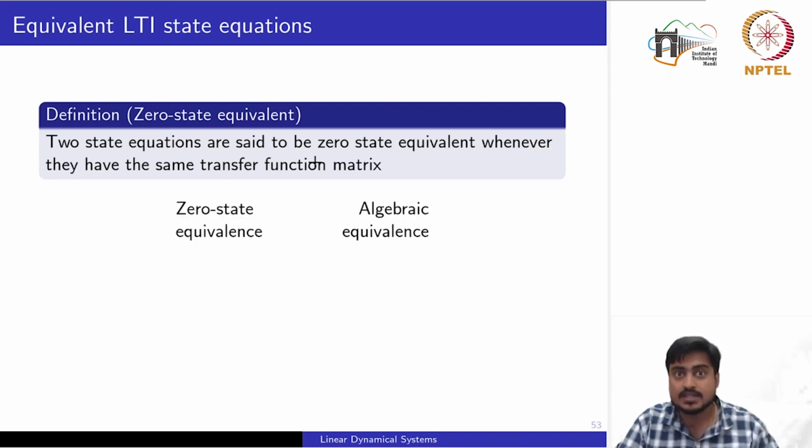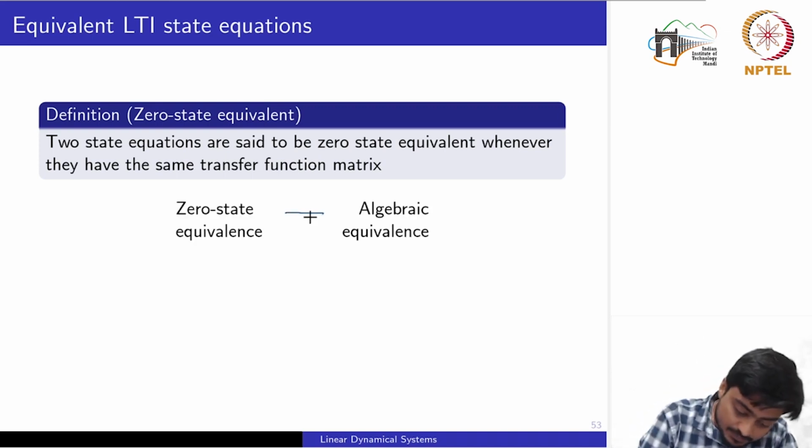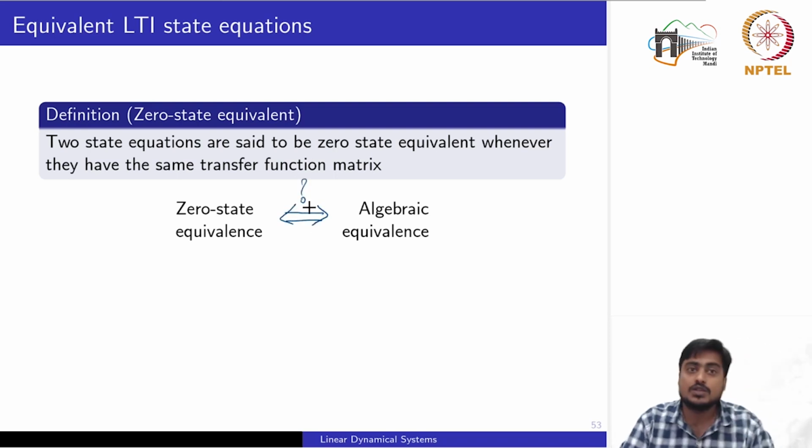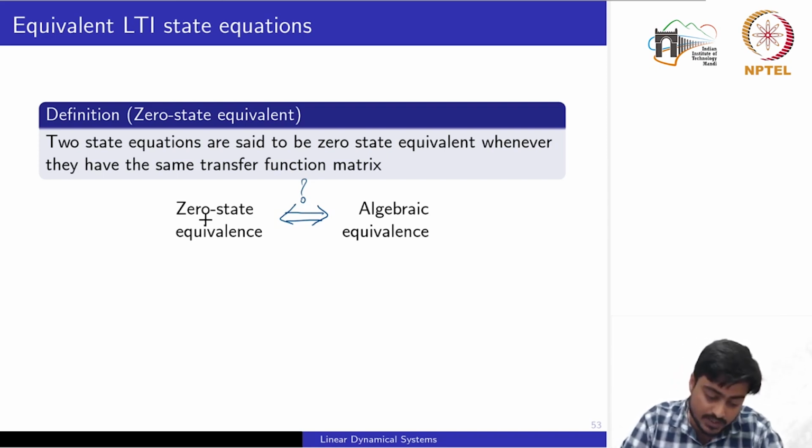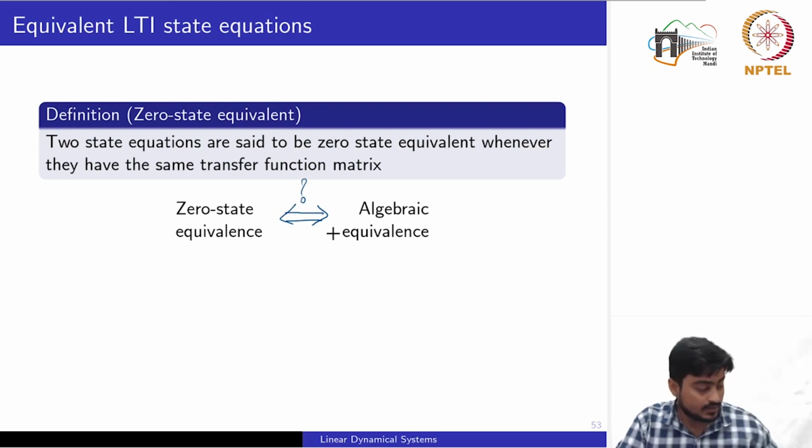The natural question arises, is there any relationship between them, meaning whether zero state equivalence implies algebraic equivalence, or algebraic equivalence implies zero state equivalence, or they are both equivalent?